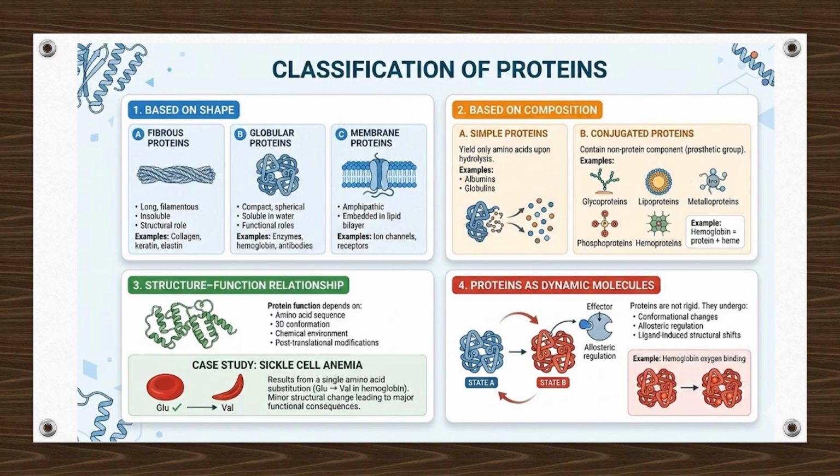Proteins can also be divided into simple and conjugated types. Simple proteins yield only amino acids upon hydrolysis, such as albumin and globulins. Conjugated proteins contain a non-protein prosthetic group essential for activity.